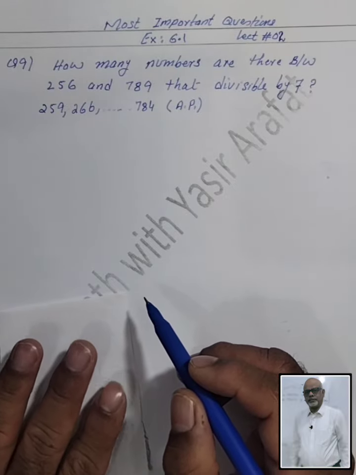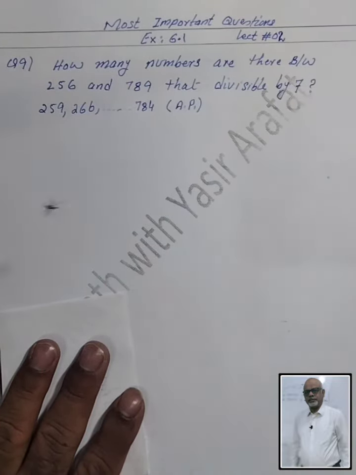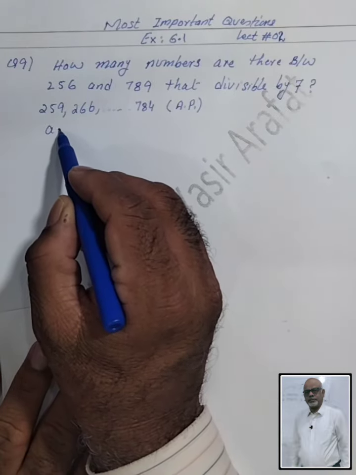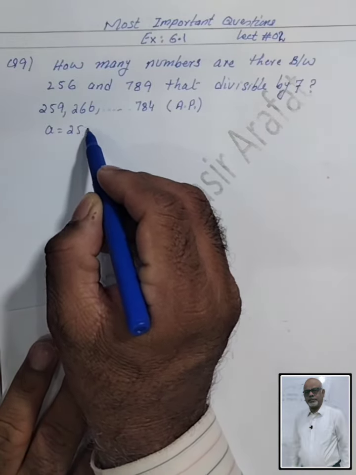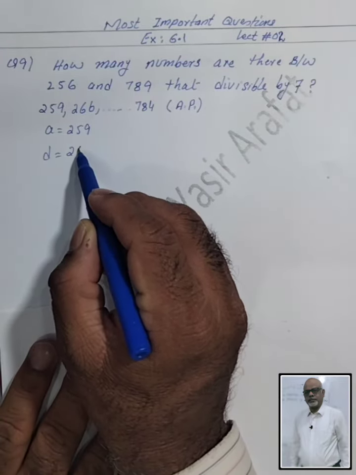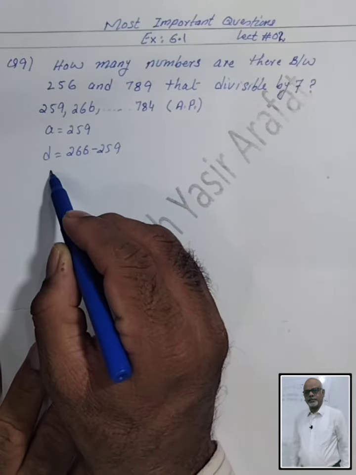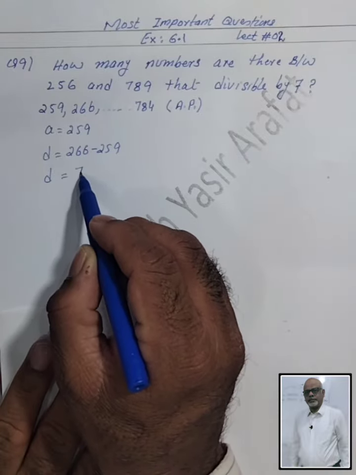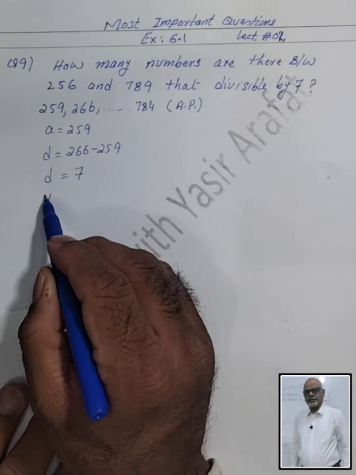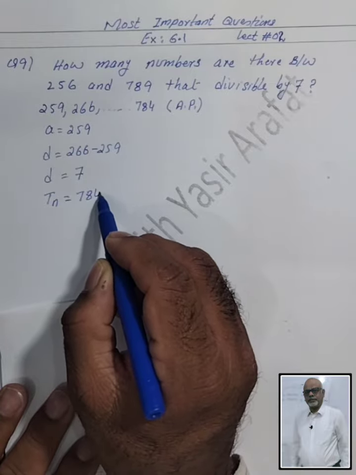We have discussed this in lecture 1, same exercise 6.1. So here A is 259. D, the common difference, is 266 minus 259, that is 7. The last term of the sequence is represented by Tn, that is 784.